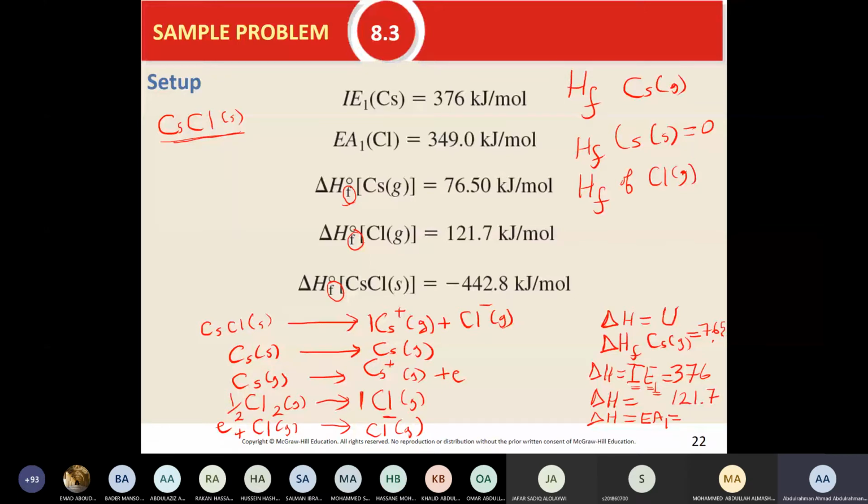First electron affinity. You have to memorize these names, very important. First electron affinity. What's the value? 349, exactly.